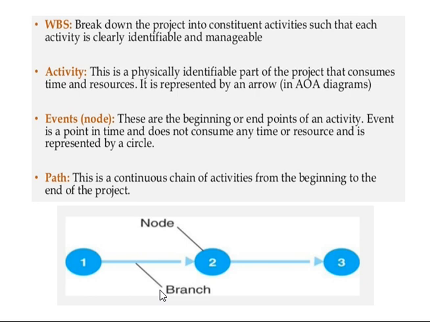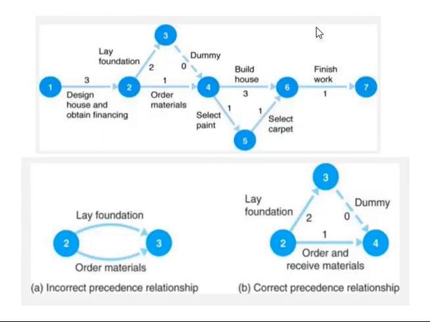If a project has been assigned, it will be divided into so many sets of activities, so many segments. Each segment may be assigned as an activity, and that will consume some amount of time duration.